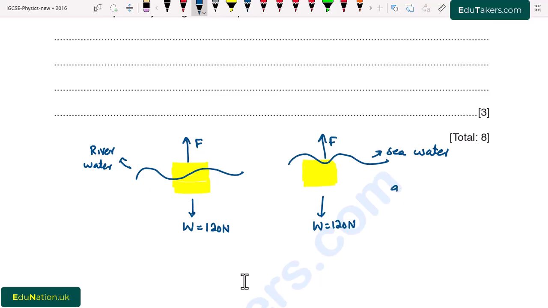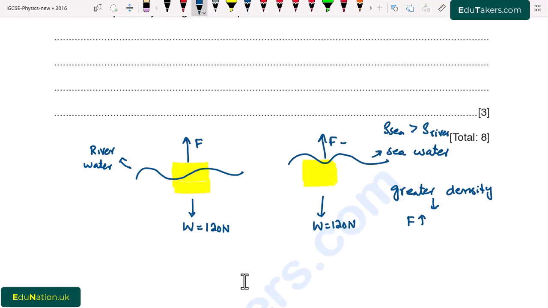So the greater the density, the greater the upthrust force. And the density of sea water is greater than the density of river water. It means that the force exerted by the sea water is greater as compared to the force exerted by the river water.